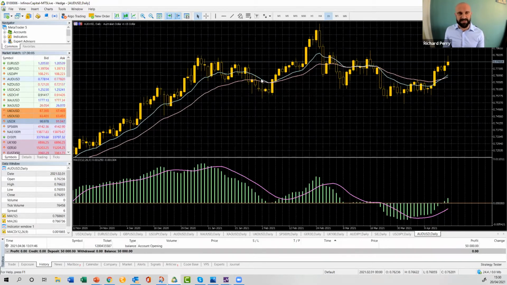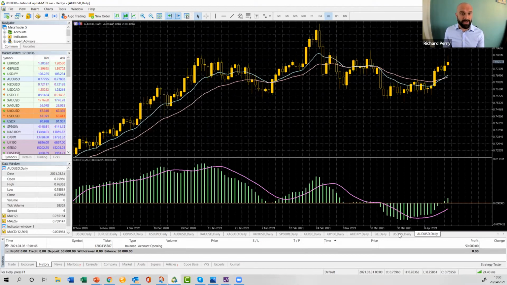Aussie has been starting to range sideways, and hence why you're seeing a lot of false signals, arguably, on the MACD. So if you're looking at trending markets, MACD lines work very well. In ranging markets, a really bad indicator because they give a lot of false signals. So you need to make sure that if you're looking at a ranging market, MACD lines are not the indicator to look at.